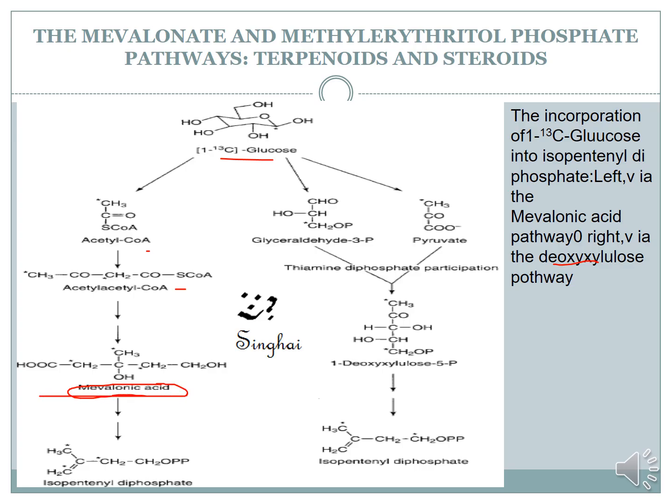In the other pathway, glyceraldehyde and pyruvate with TDP, thiamine diphosphate, participate to form DOX, deoxyxylulose phosphate, and DOX results in the formation of isopentenyl diphosphate for further reaction. So you can see the formation of IPP is important in the pathways, whether it be DOX or the simple formation of IPP from glucose.